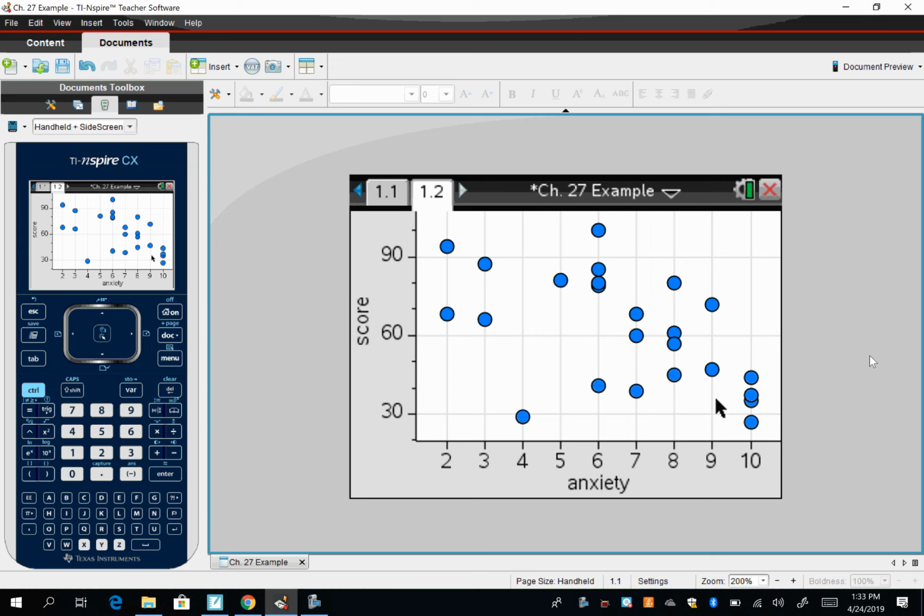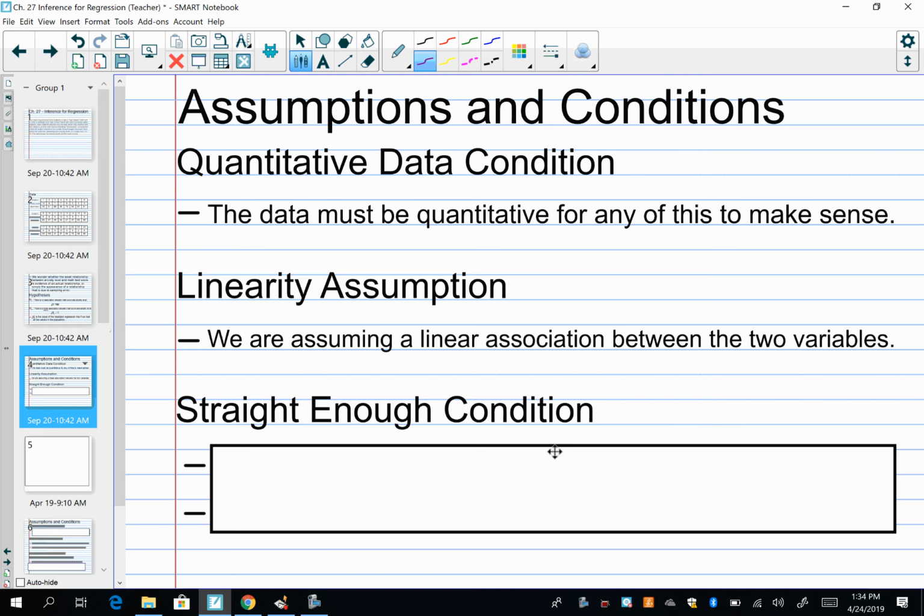It was chapter 10 for the win. Oh man, 2018. Pretty much every year, students say, oh yeah, it looks linear, because they don't want to do that linear regression stuff. All right? So we think it's linear. So we have now checked the straight enough condition.